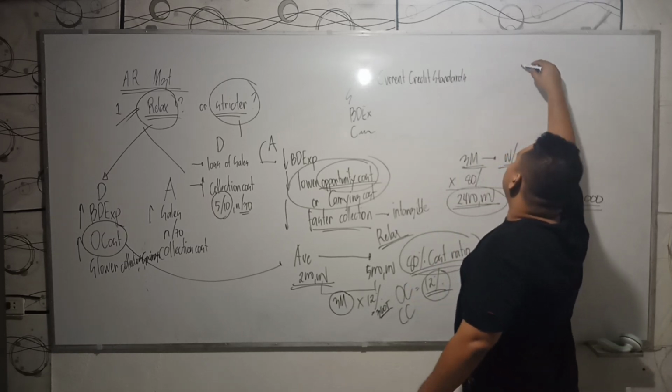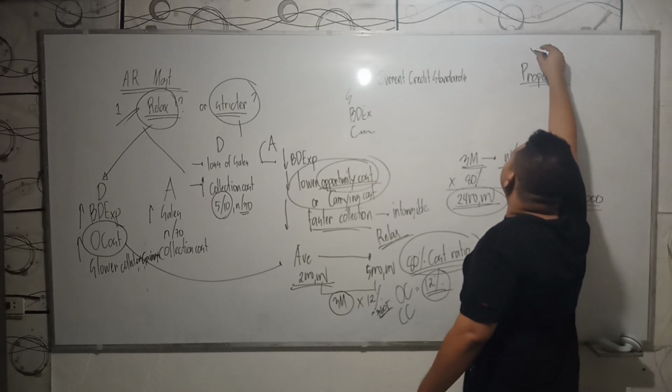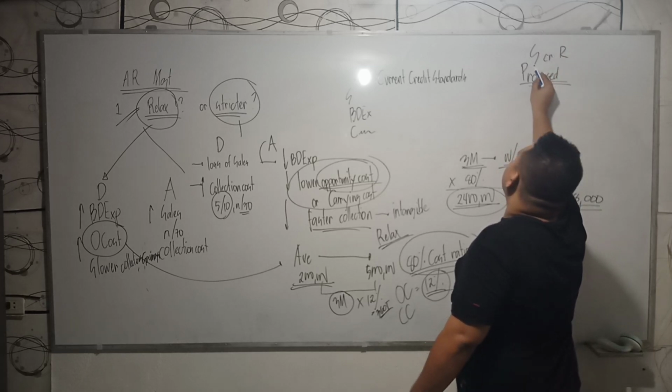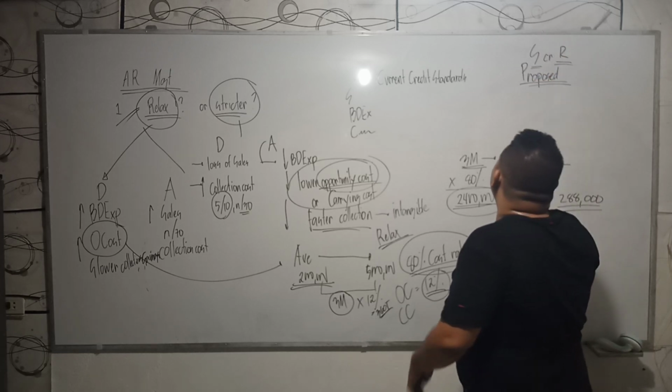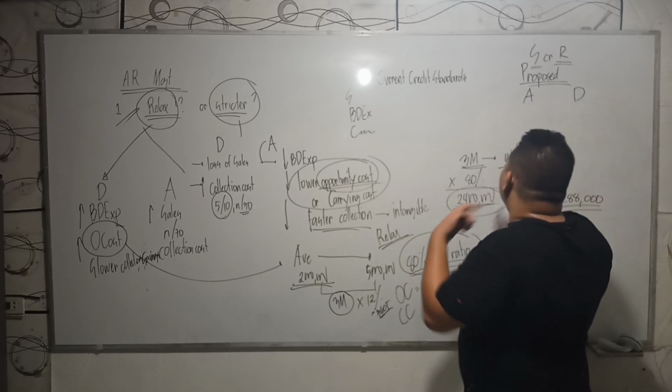Okay? Now, when we go to the proposed, in the problem, it could either be stricter or relaxed. But whatever it is in the problem, there is an advantage versus disadvantage.